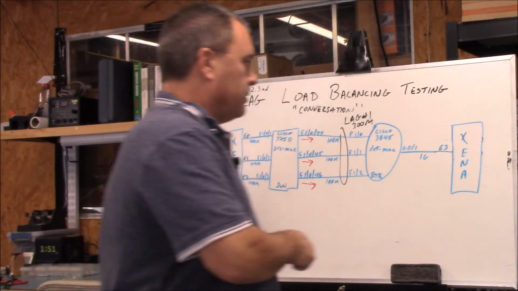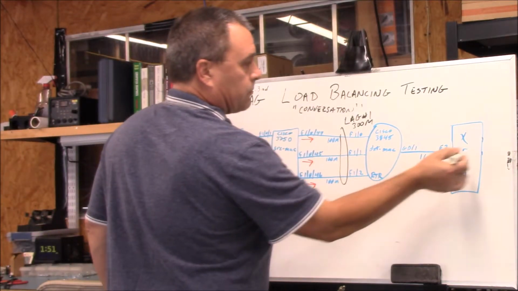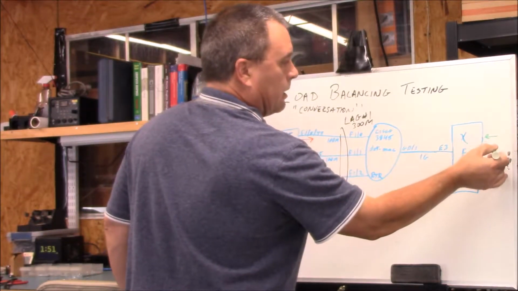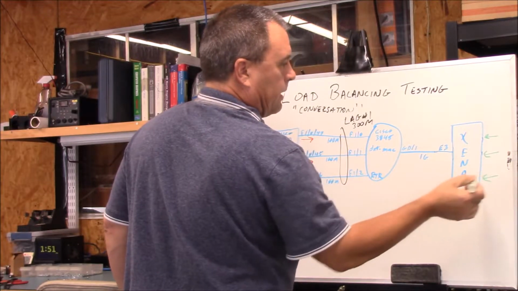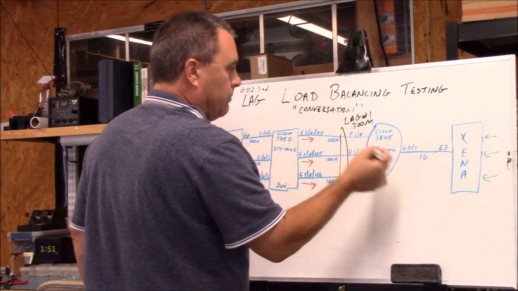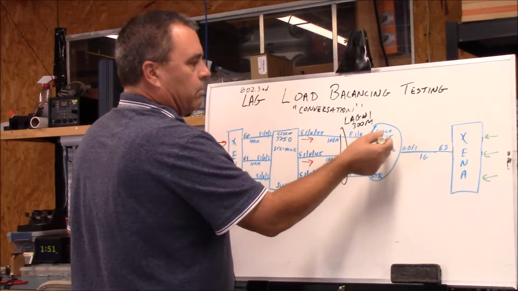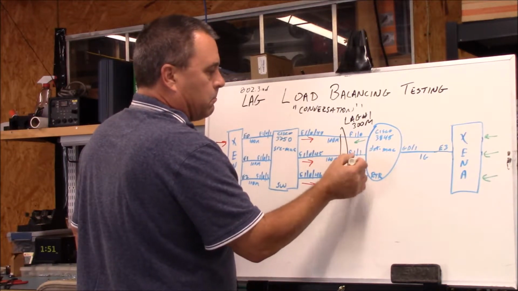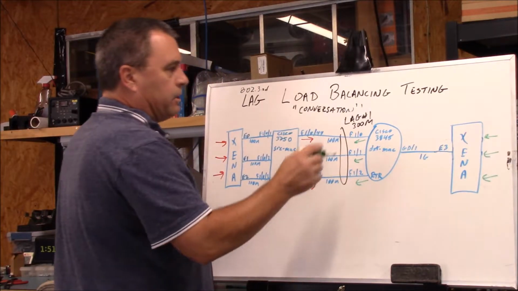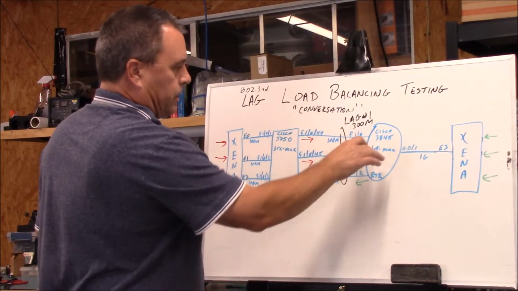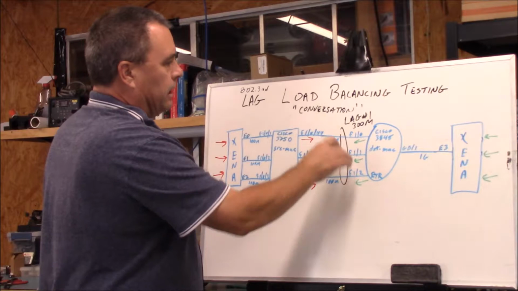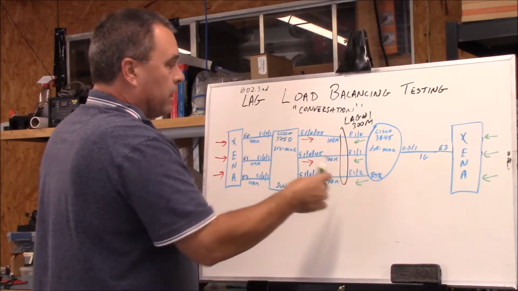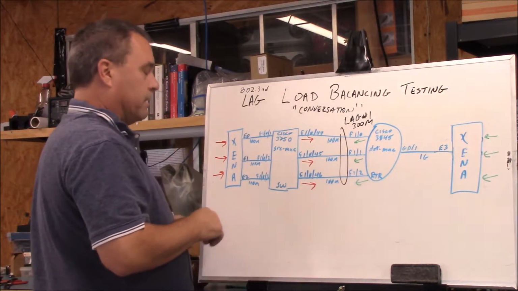And the same goes true for the other side. If we start 3 different streams going this way, the Cisco router should load balance them, 1 stream on each link inside the LAG, to kind of balance everything out.